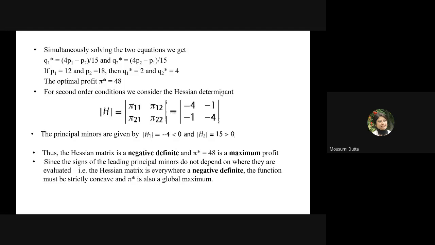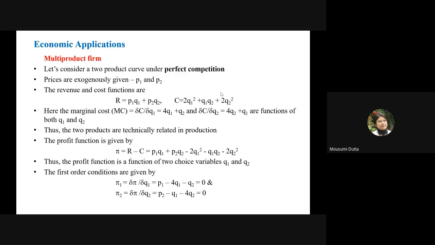Now if P1 is 12 and P2 is 18, Q1 star is equal to 2 and Q2 star is equal to 4. Please find out your pi star. Put these values in the profit equation and find out the profit.